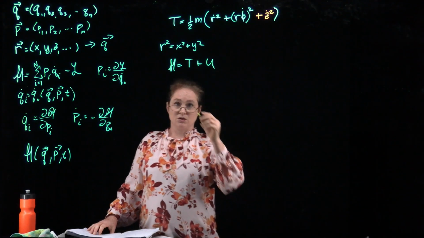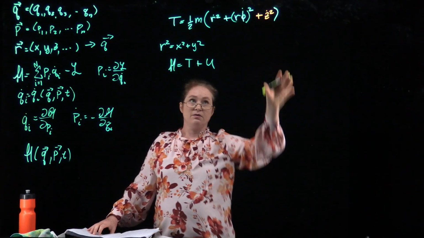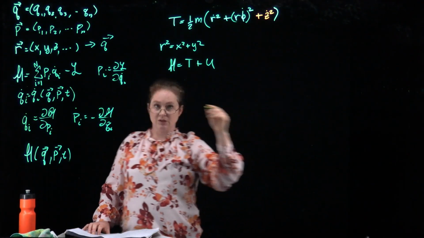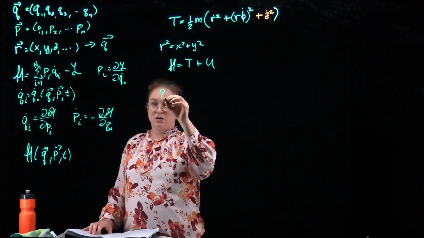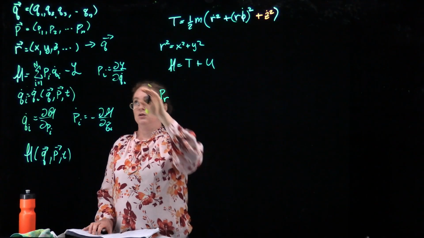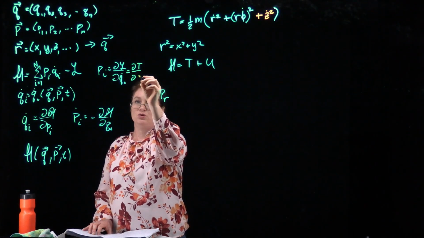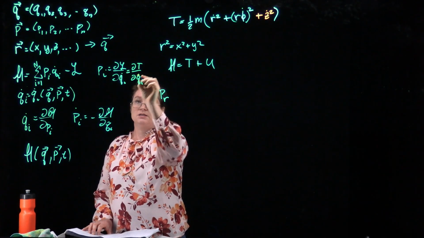So I am going to make columns here with r, phi, and z. So our momentum, using this definition, or we also have partial T, partial q_i dot.